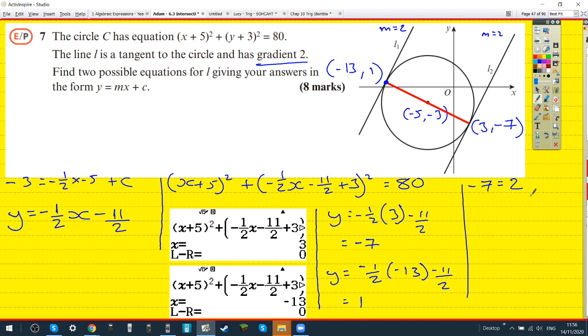Oh, it's 2. Sorry. Yes. So minus 7 equals 2, and then would you put brackets 3? Yep. Plus c. And then you work that out. So it'd be minus 13 equals c.